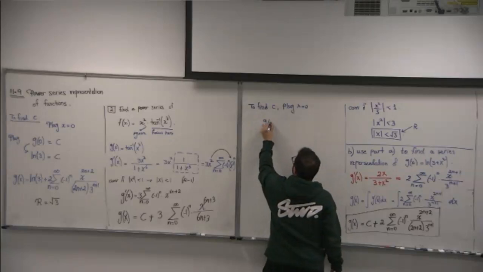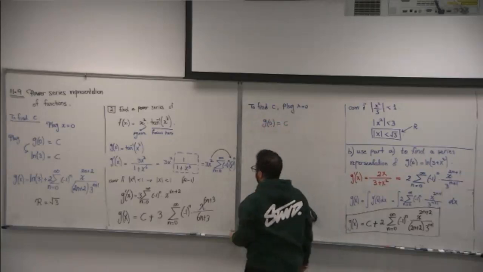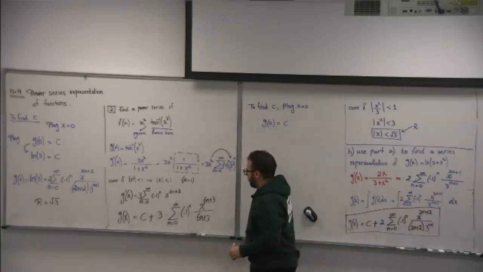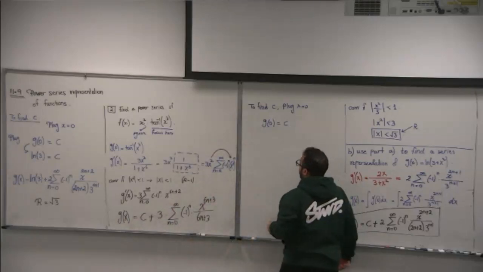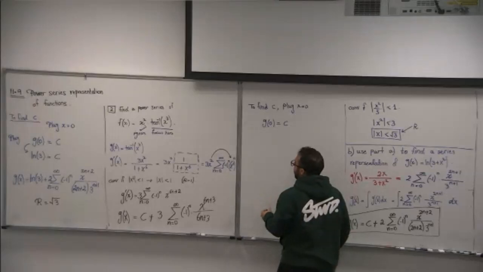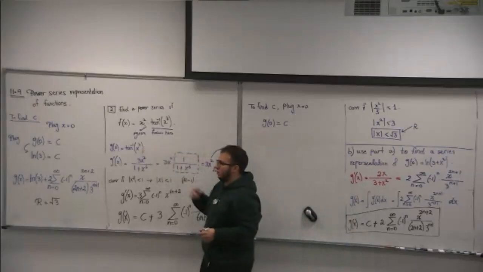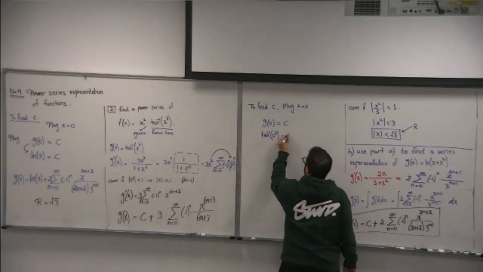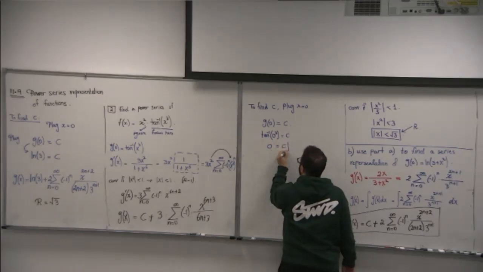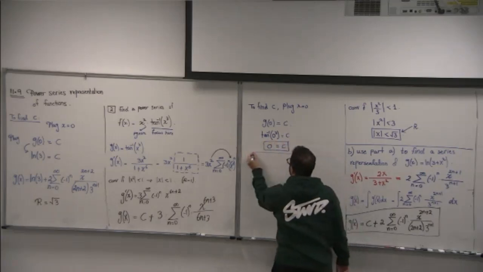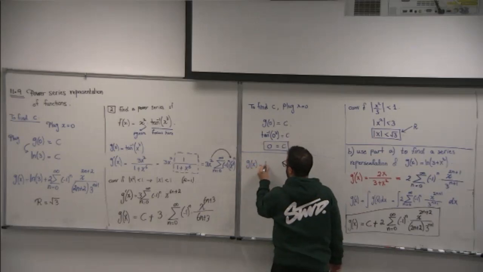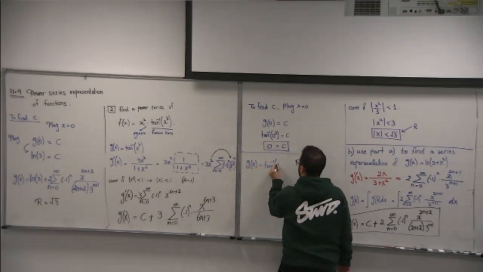So you get g of 0 equals c plus, here you have 0, all of this, because x is 0. But what is g of 0? G of 0, what is g? It's tan inverse of x cube, which is 0 cube. And that's 0. So 0 equals c. That's it.